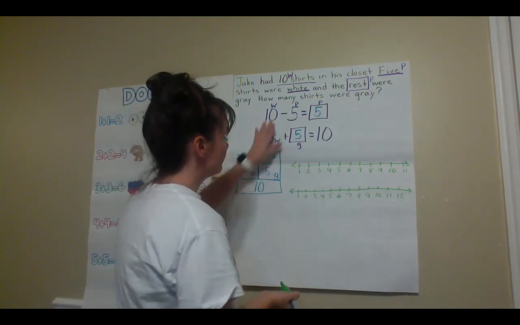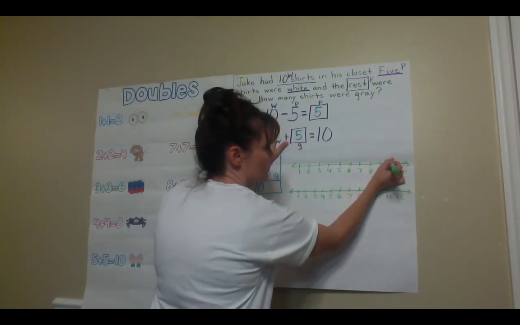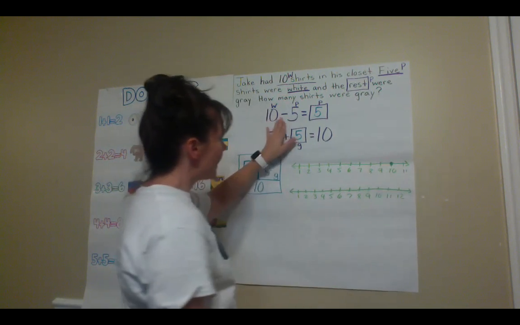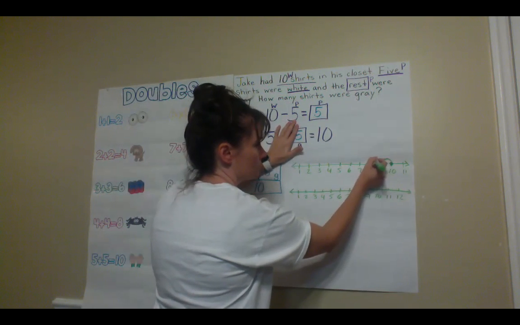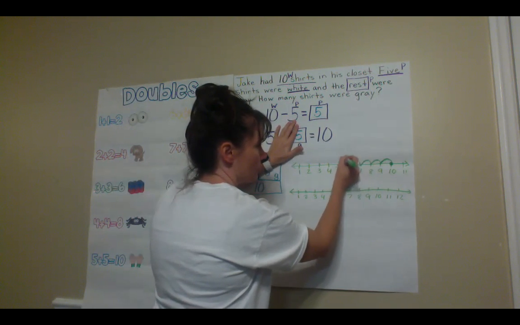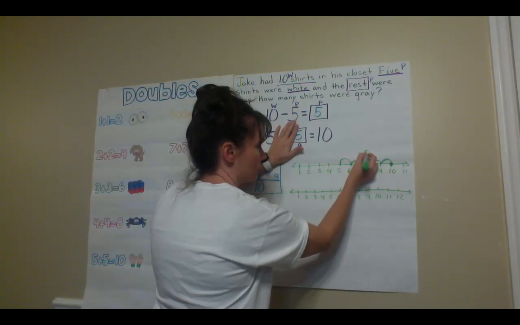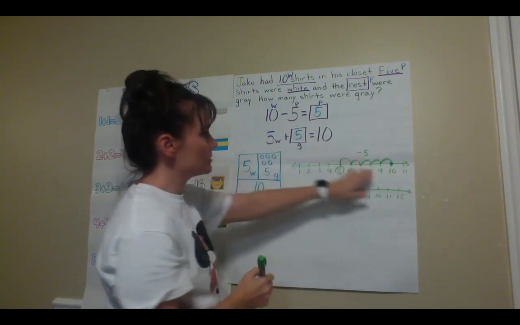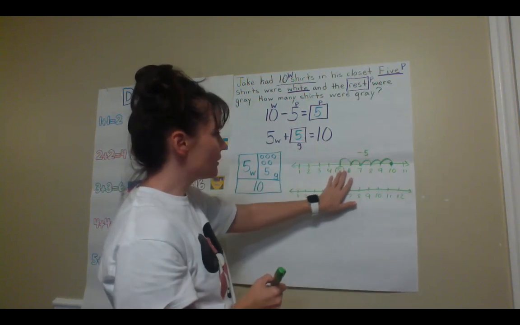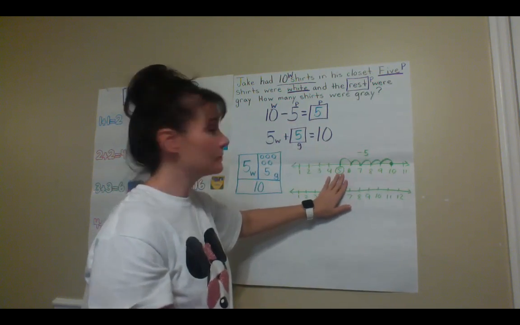I know that if I had 10, I can count back 5. 3, 4, 5. And that would leave me with 5. So 10 minus 5 equals 5.